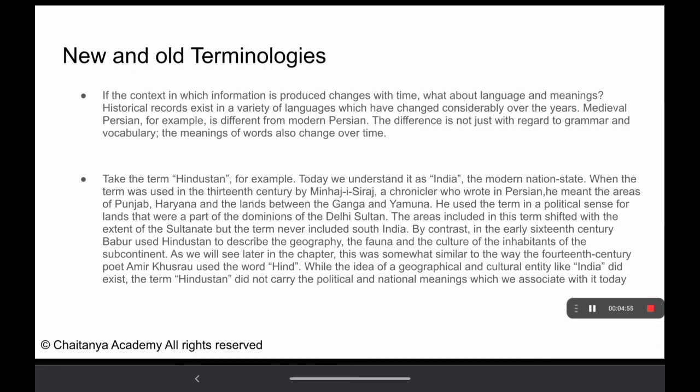While the idea of a geographical and cultural entity like India did exist, the term Hindustan did not carry the political and national meanings which we associate with it today.